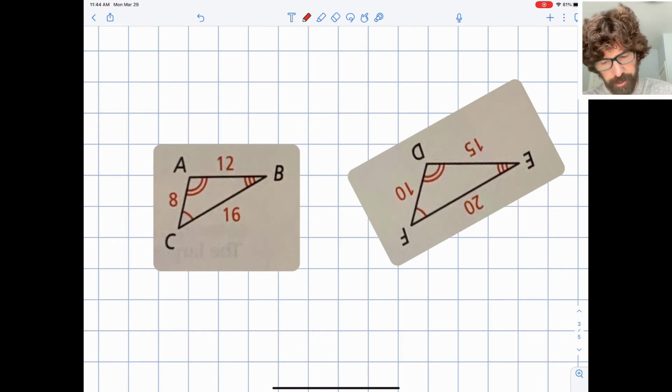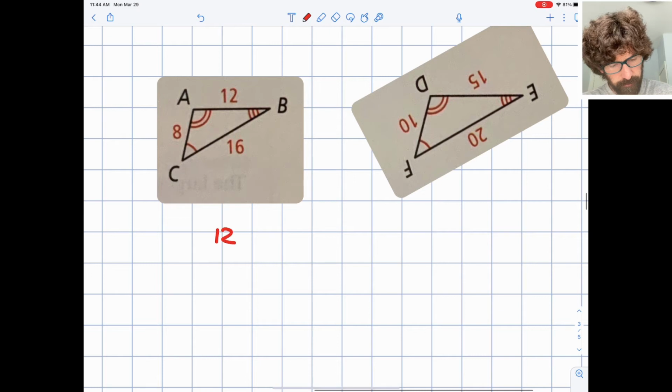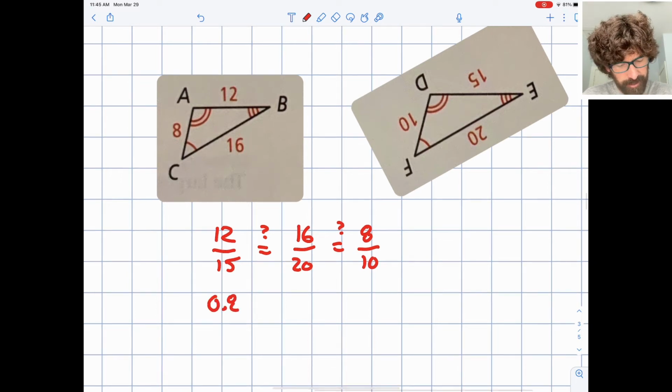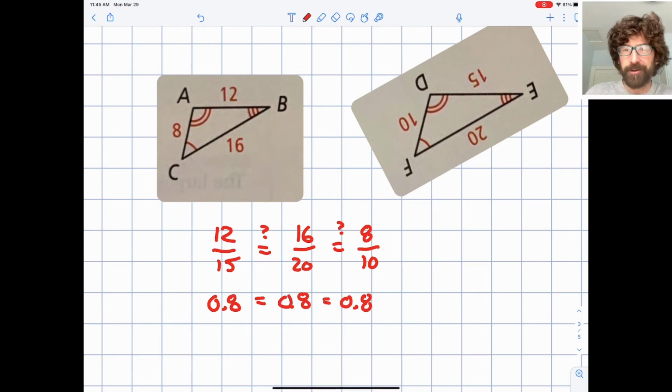So we want to make sure that 12 over 15 is congruent to 16 over 20, and is that congruent to 8 over 10? Okay, so that's an extended proportion. I just matched up the corresponding sides. If you can't do these in your head, I would just go to a calculator and check the decimals, and all of those proportions are equal, so that means they are similar.